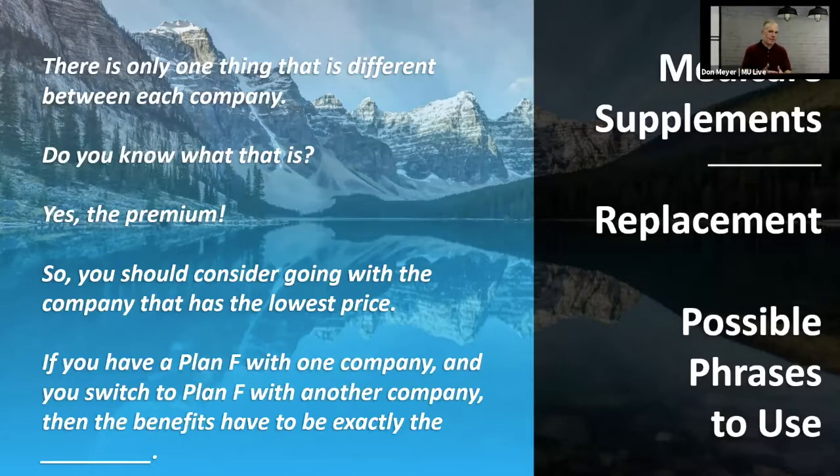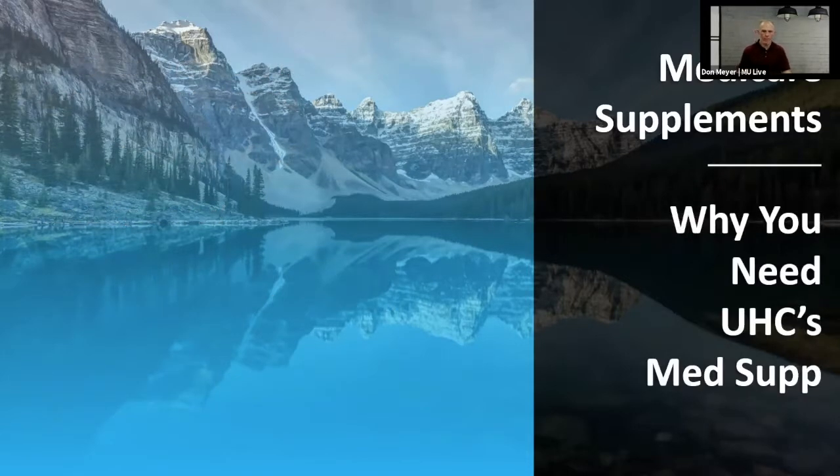If you get to the end of this part here and you say, all the benefits have to be exactly, and they go, I don't know what you're talking about, then all you do is go back to the beginning and start over again. And you just make sure that they understand that's how it works. Then they feel comfortable after that repeated exposure, and then they'll make the change, all right? So that's an important senior selling technique.